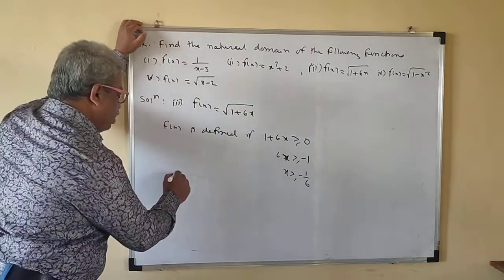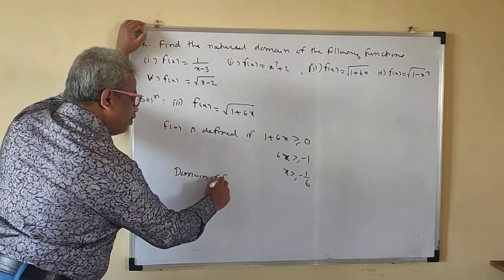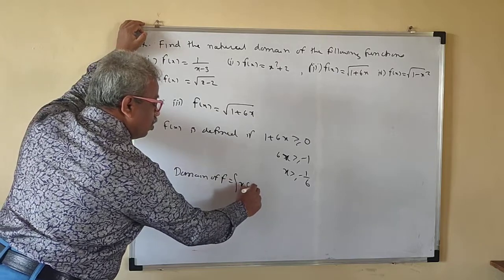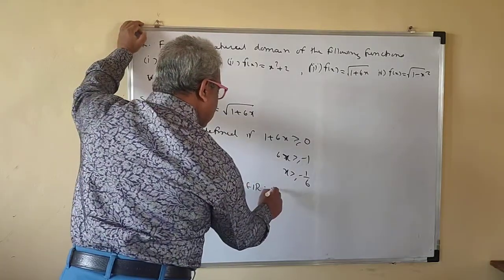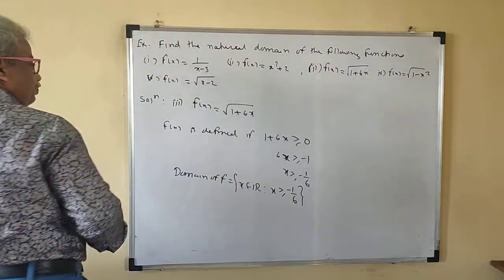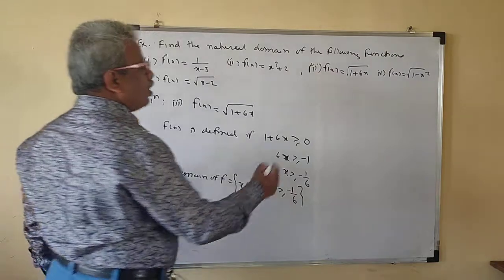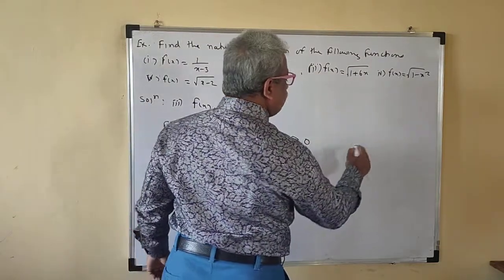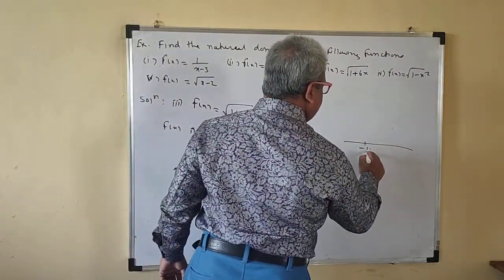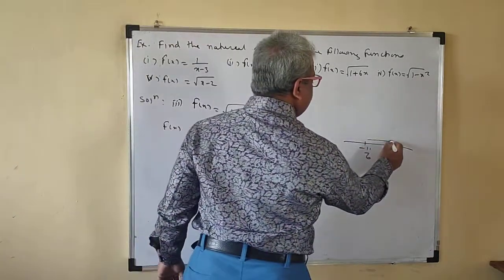So what is your domain? The domain of f is equal to x belongs to R such that x is greater than or equal to minus 1 by 6. If you want to write it in interval form, here is minus 1 by 6, and x is greater than or equal to minus 1 by 6, that means you are here.